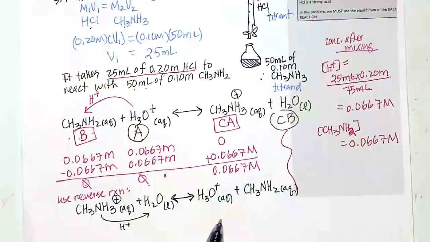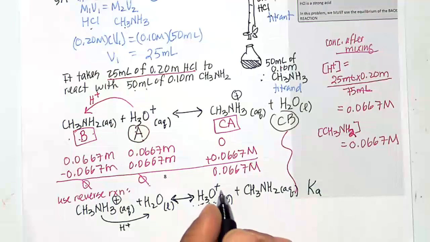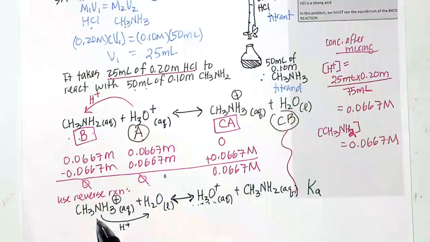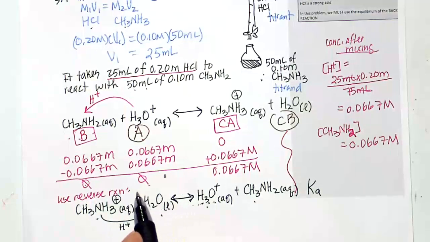K what? KC, KEQ, KW, KB, not KB. What would it be? KA. So this is KA. This is the reaction that represents the Ka. The Ka for CH3NH3 plus is, I have it here, 4.4 times 10 to the minus 4.